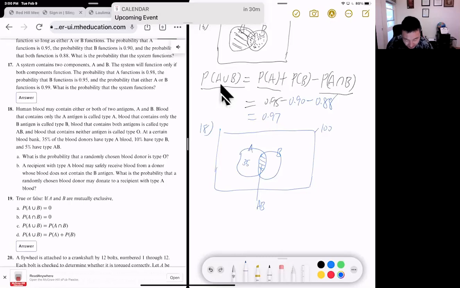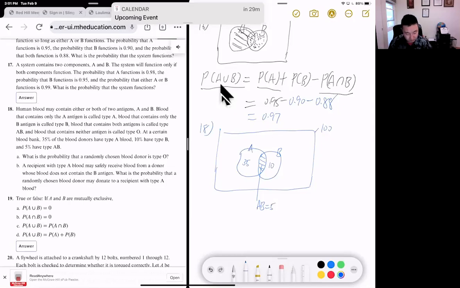Then 10% have type B. So B is here, 10%. And 5% have type AB. So here is 5.